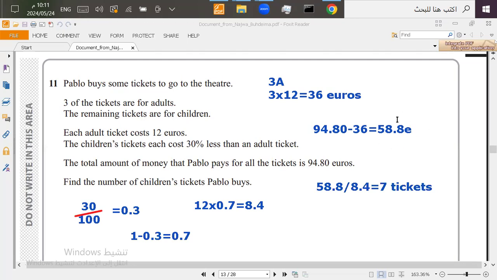So they cost 58.8 euros. Now, using the information that each children's ticket is 30% less, I took the 30%, subtracted it from 1 to find the multiplier of 30%, and then multiplied by 12 to find out it's 8.4, and then divided the total cost of the tickets by the cost of one ticket to find out that he bought 7 tickets. And this is how you answer a question like this. Now let's move on to the next question.